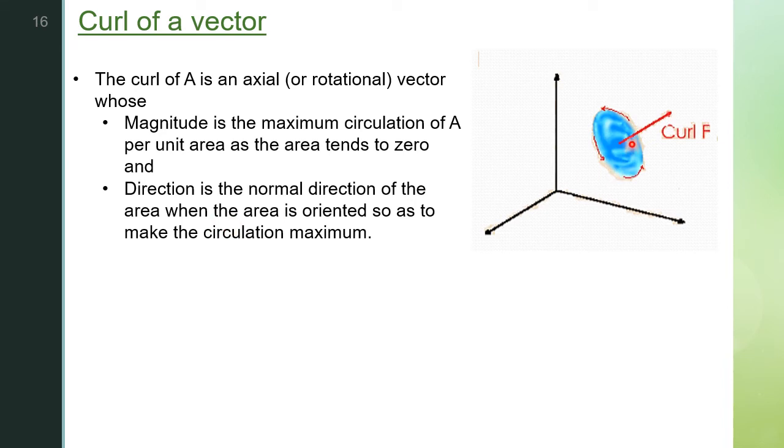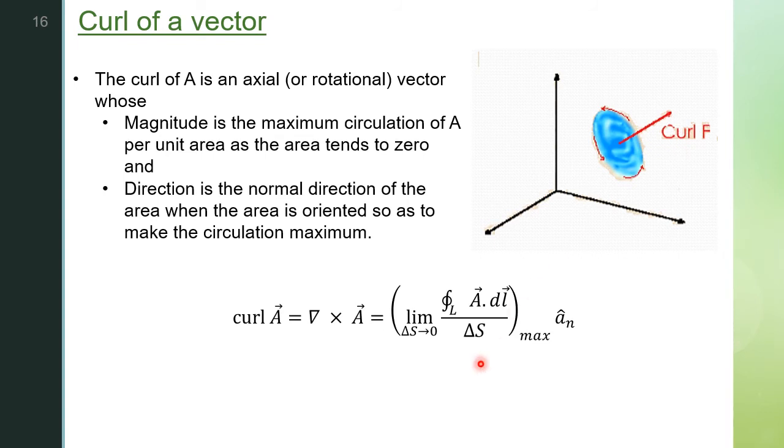That is, if you are considering a vector field F around this, the curl is directed in the direction of maximum variation. So that is curl F, and it is given by closed integral L A dot dl. That is, this vector field A circulating around this region. So the amount of total circulation is given by A dot dl divided by the area as the area tends to 0.